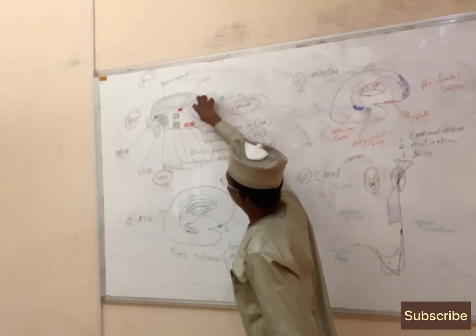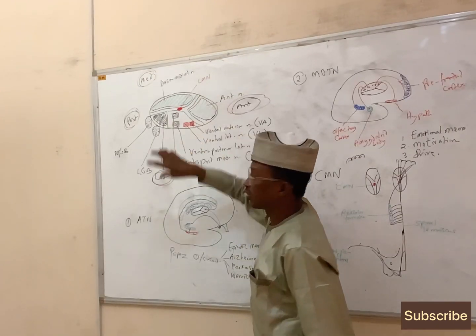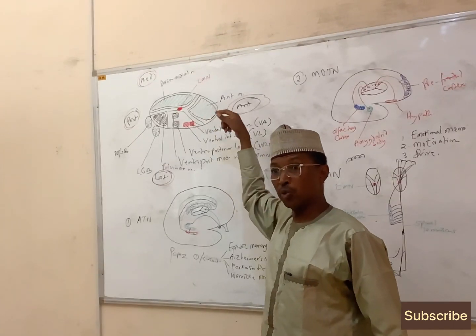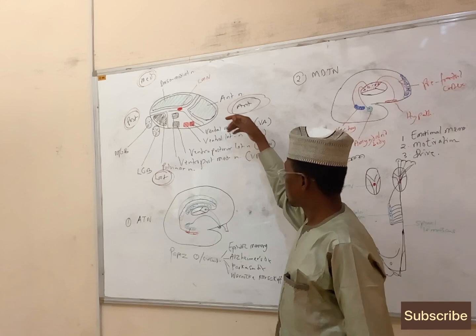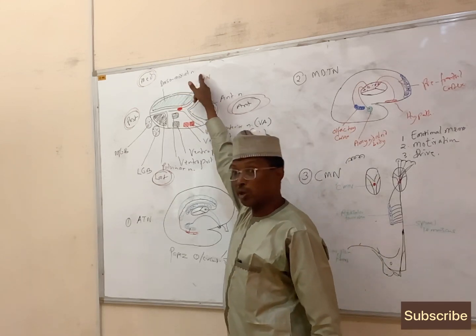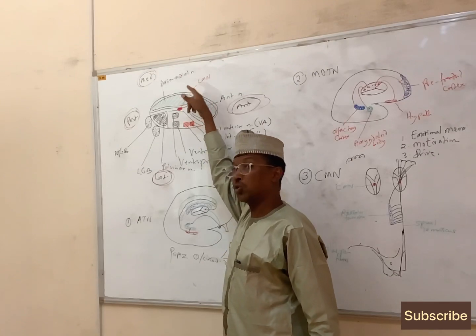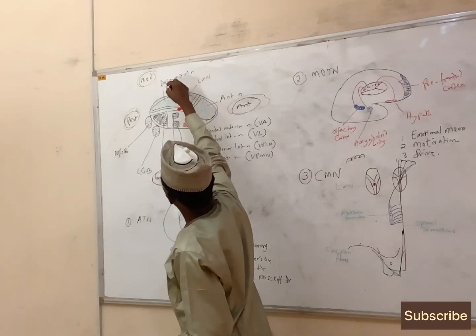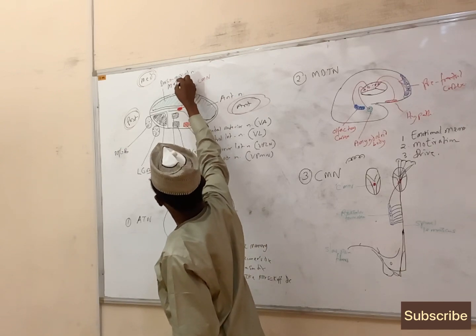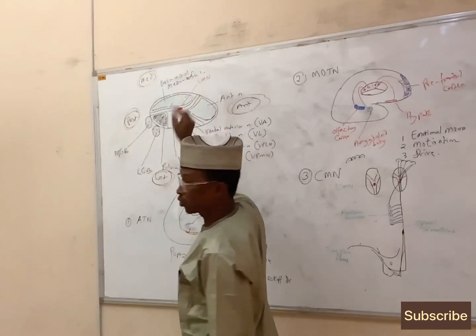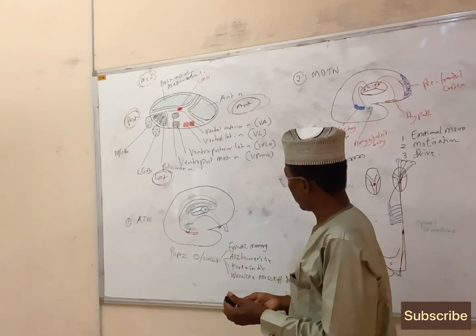The group of nuclei on the anterior side, all of them are called the anterior group of nuclei of the thalamus. Also on the medial side, we have what we call the dorsomedial nucleus of the thalamus or mediodorsal nucleus of the thalamus. So you can interchangeably say mediodorsal rather than dorsomedial. Mediodorsal or dorsomedial group of nucleus.